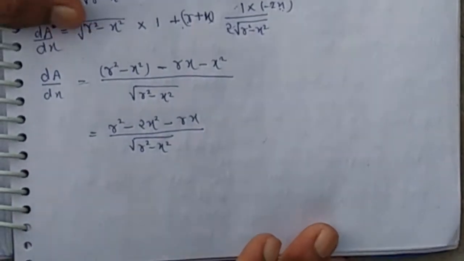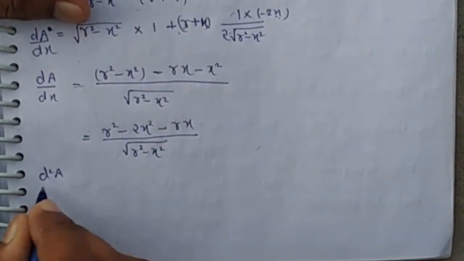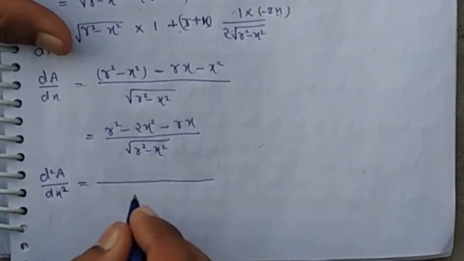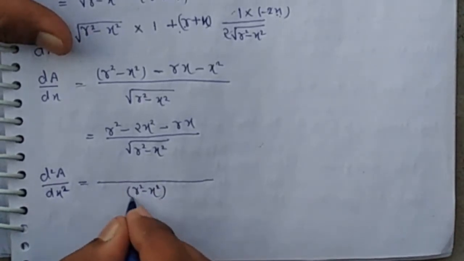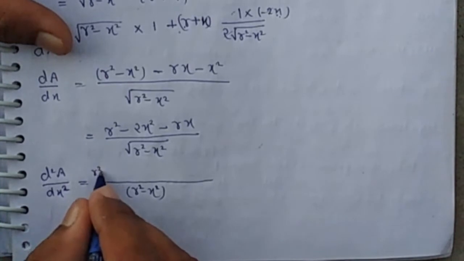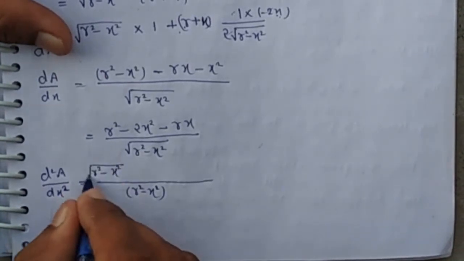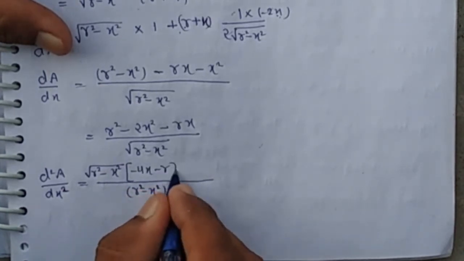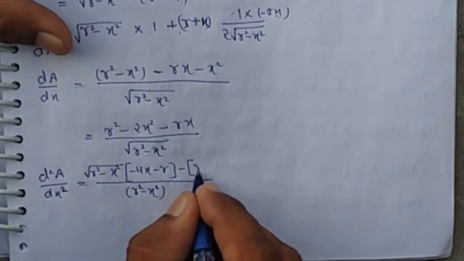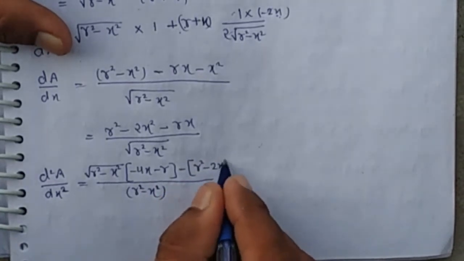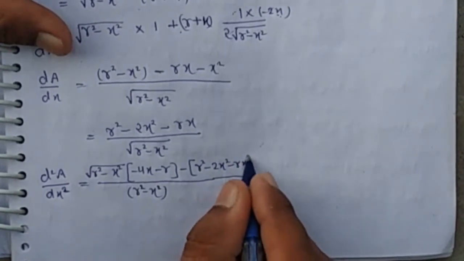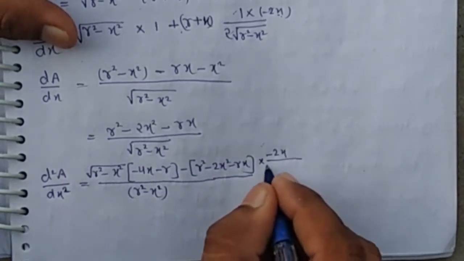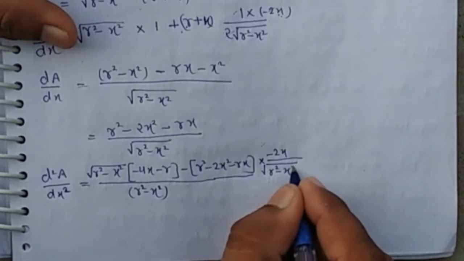Further differentiating with respect to X, we have d2A by dx square is equal to u by v, means square root of R square minus X square, differentiation of this term we get minus 4x minus R. Now R square minus 2x square minus Rx, and differentiation of this term we get minus 2x upon square root of R square minus X square.